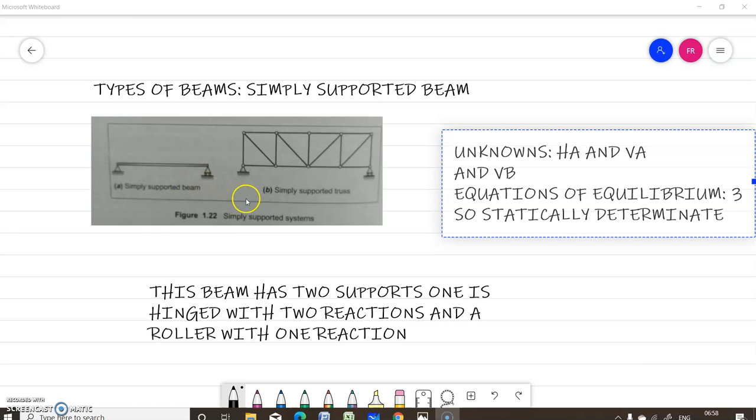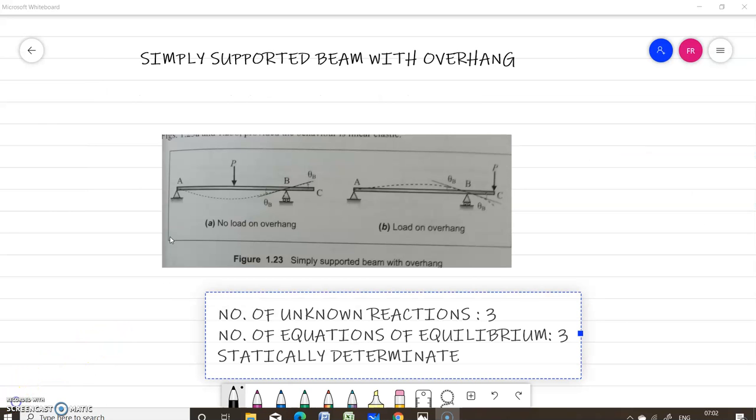So a planar structure with such support condition is called a simply supported beam, and here you have three unknowns, HA and VA at the support A and VB at the support B. You have three equations of equilibrium, so this beam is a statically determinate beam.